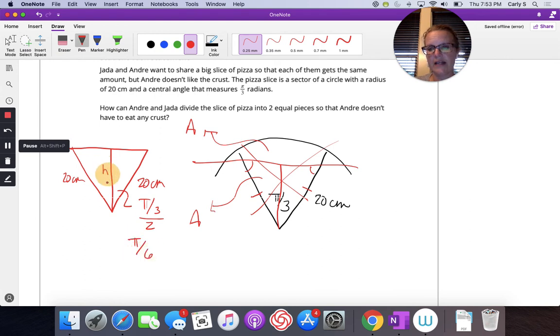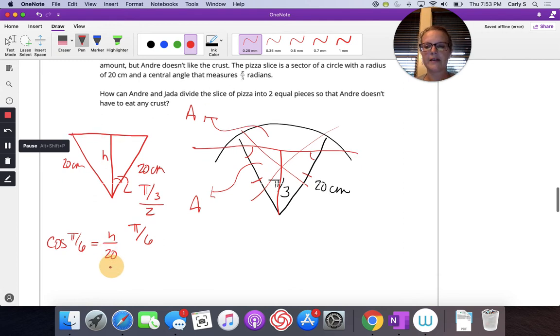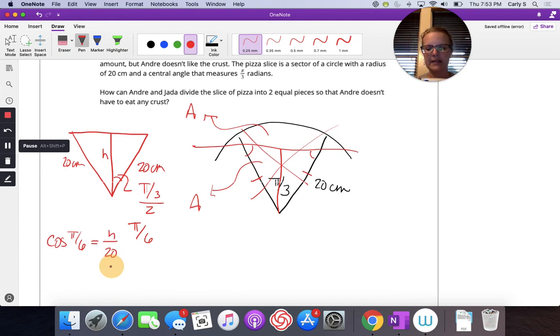So I'm trying to figure out the height here, which we learned in our last unit. That height is, if I want of this angle, adjacent over hypotenuse. So cosine of pi over 6 equals adjacent over hypotenuse. If you go into your calculator, please make sure your calculator is in radians. So that just means our mode right there, that's in degrees.